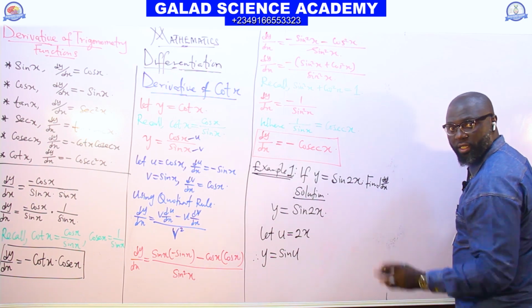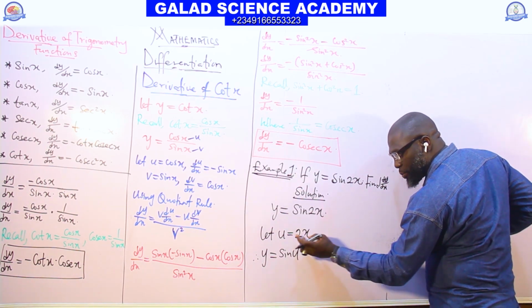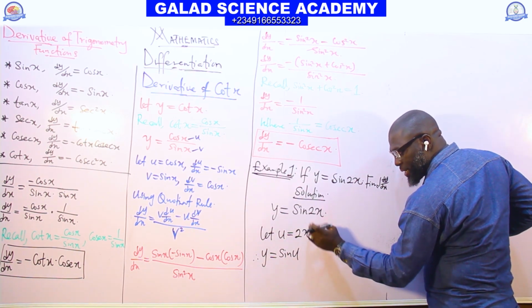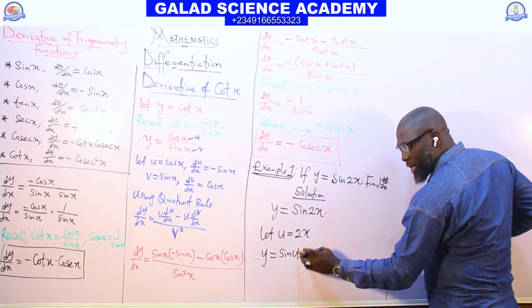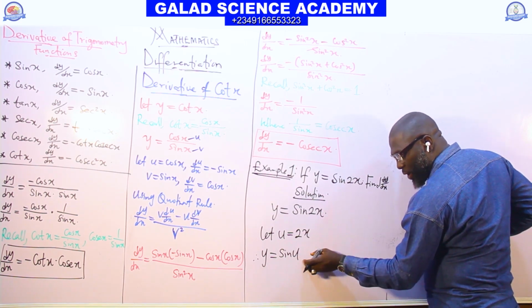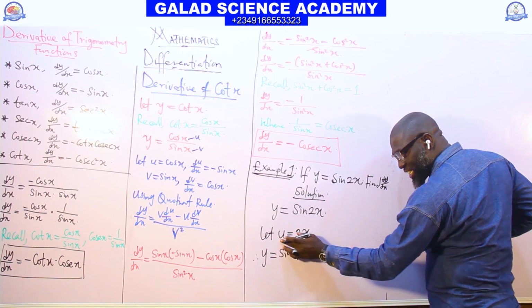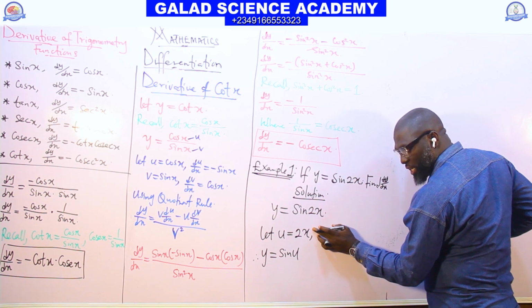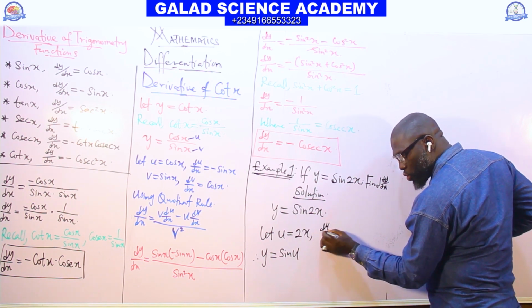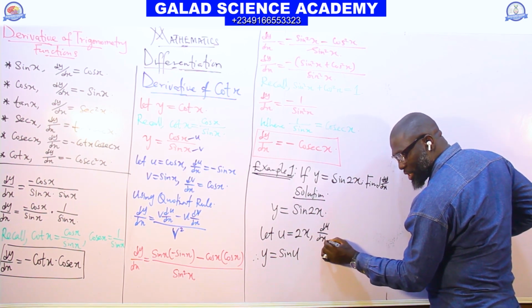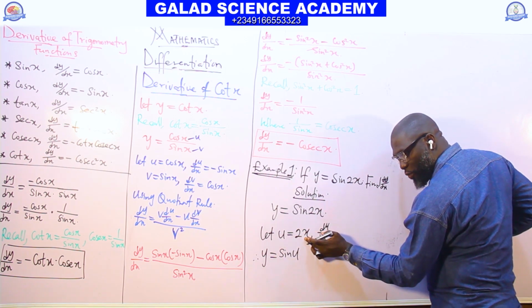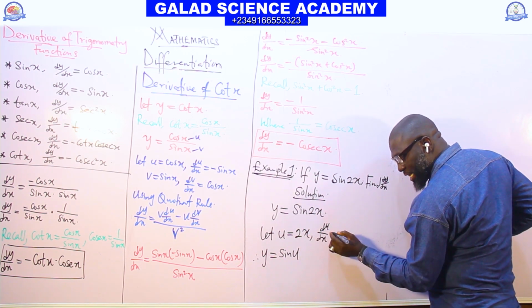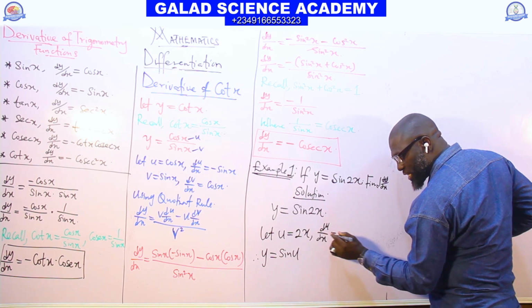Remove this 2x, put u there. Then you turn it back. After doing this, the next thing is to differentiate u against x. du/dx, the derivative of 2x, will give us 2.